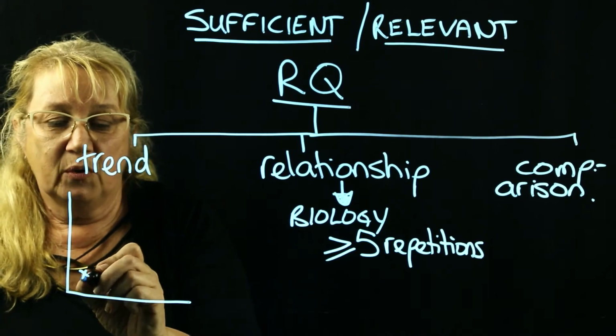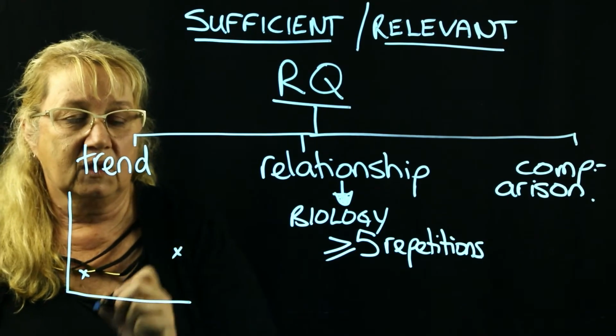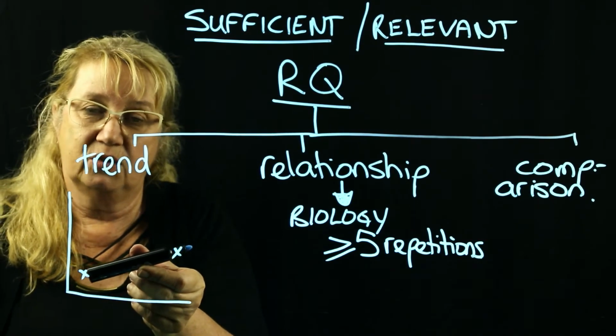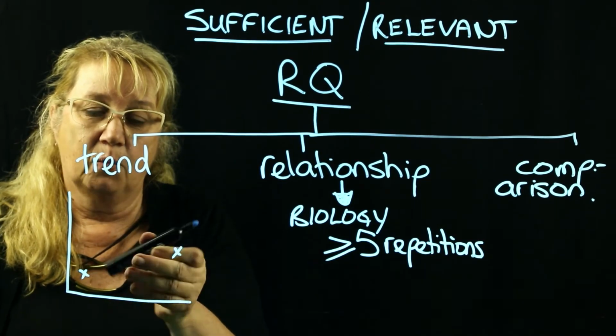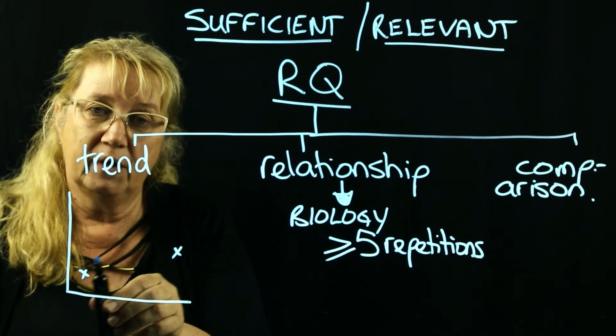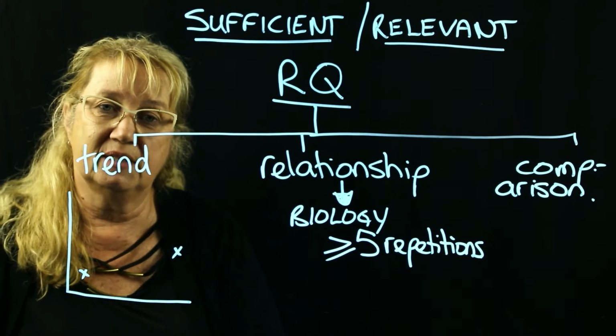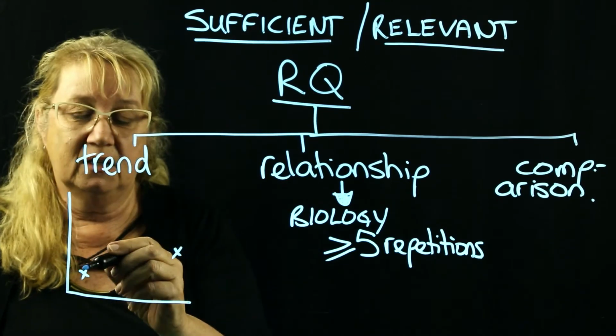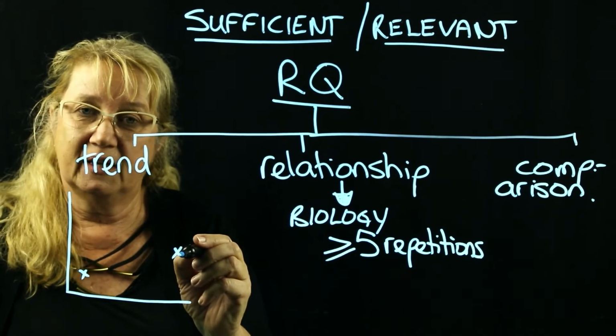If we just have 2 points, you will always get a straight line between them. But you've got no way of knowing what happens between those 2 points. If this was an enzyme and this was temperature, it might look something like that.